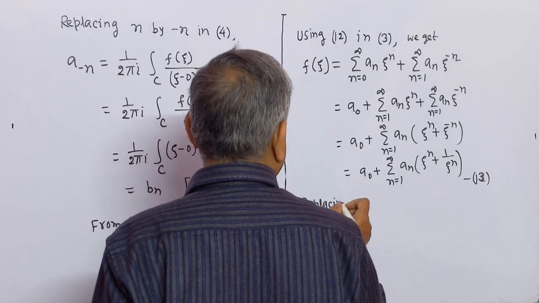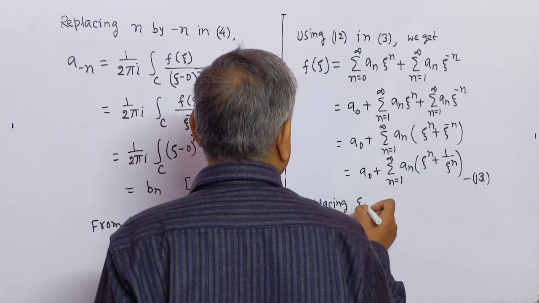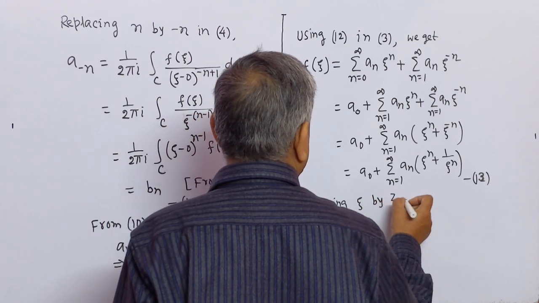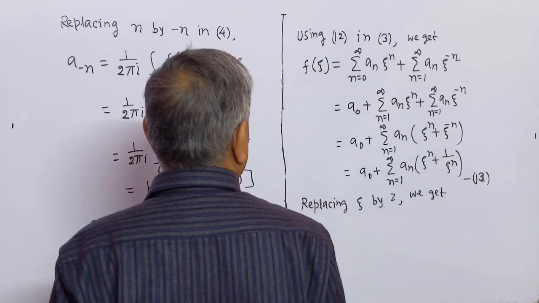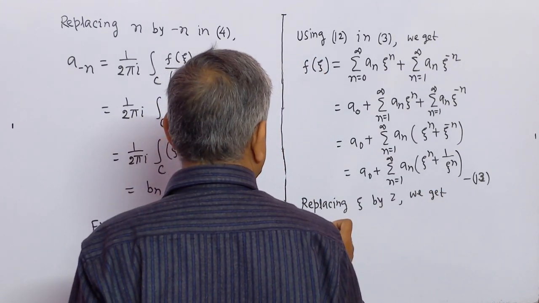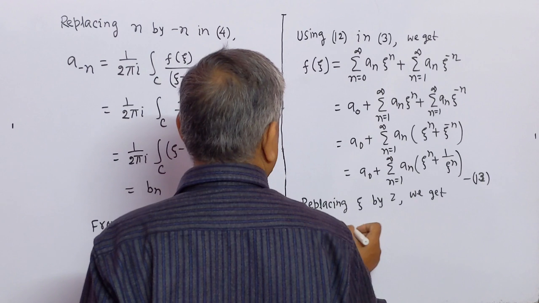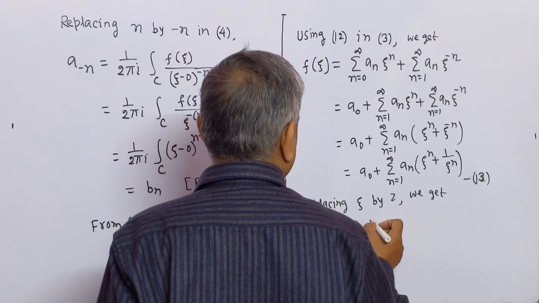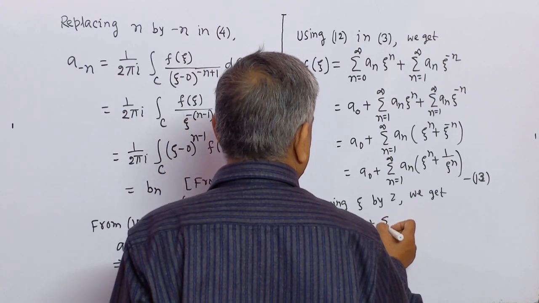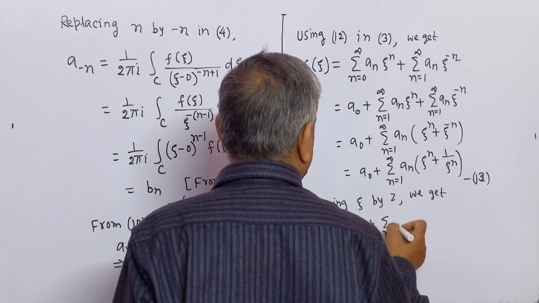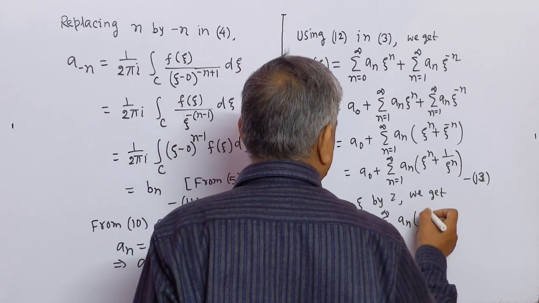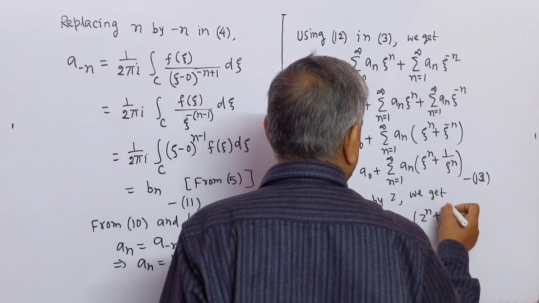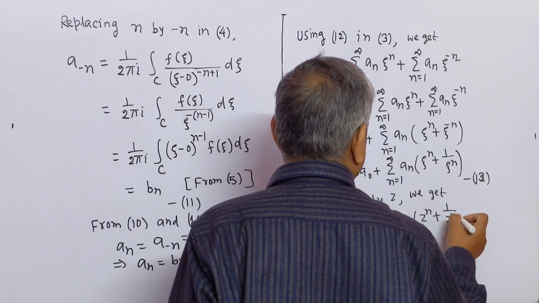Replacing xi by z we get function of z equal to a naught plus sigma n equal to 1 to infinity an, z to the power n plus 1 by z to the power n.